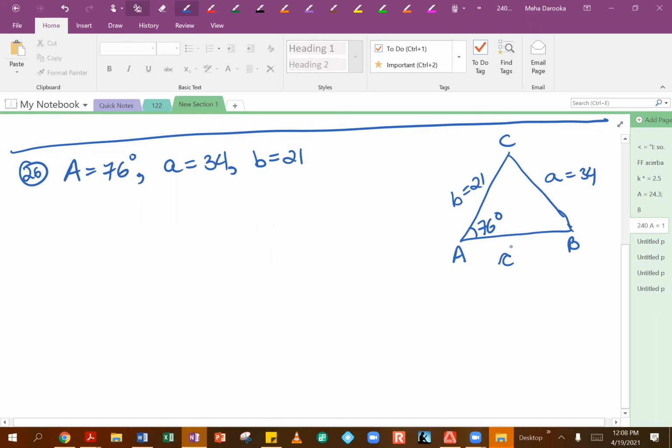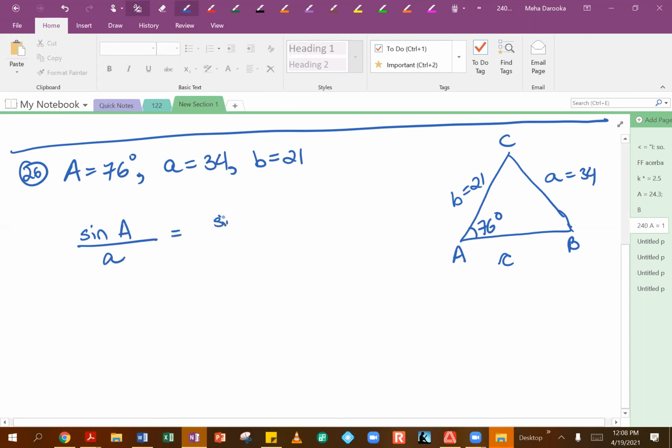Since we're only given one angle and two sides, we will have to use one of the modified versions of our law of sines. So we have two sides and one angle. Let's use that: sine of A on the top and side A on the bottom.